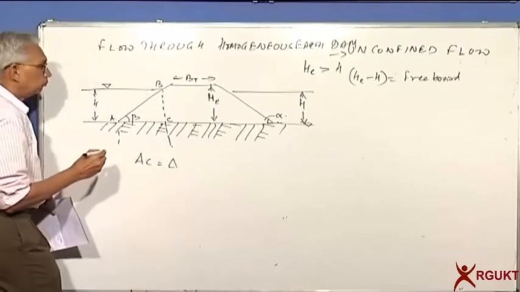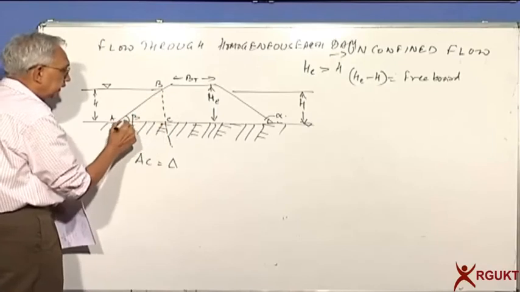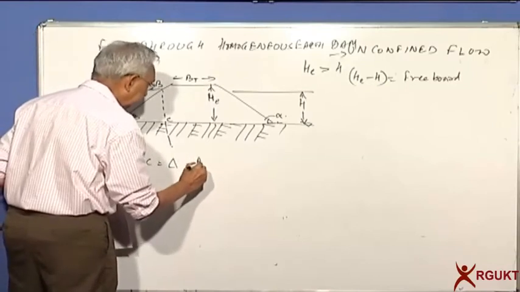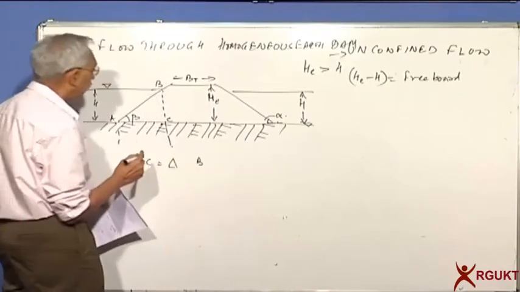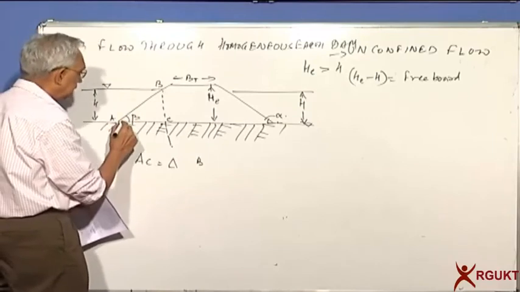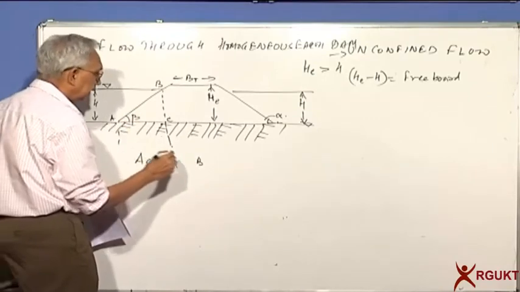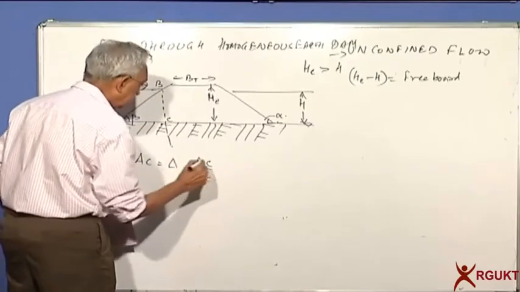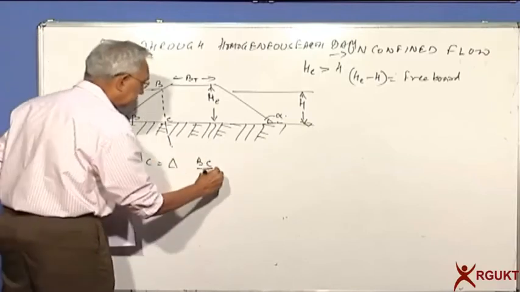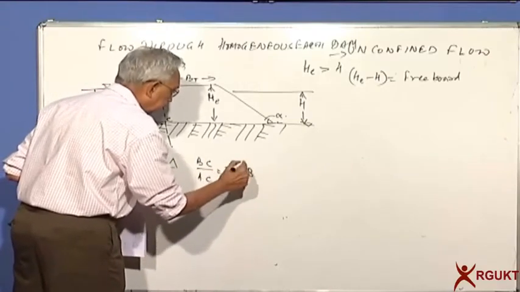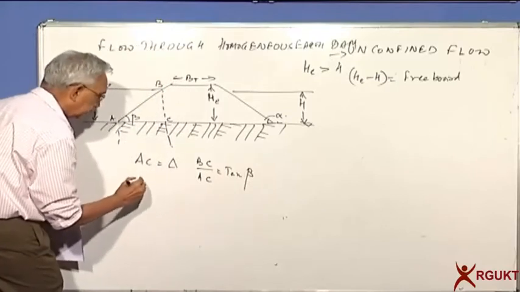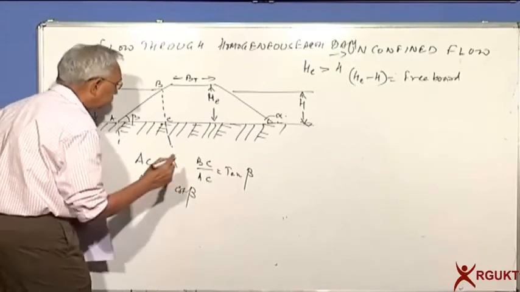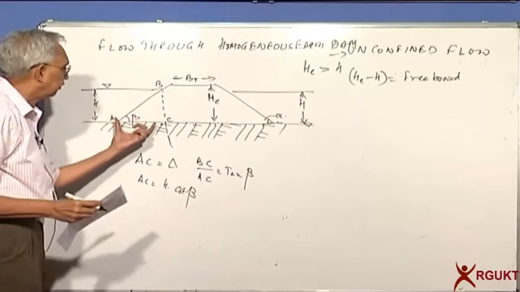That will be equal to, basically, can I say, if the height is H, H by AC is tan beta, so can I say AC is equal to H cot beta. This is the height H. I want to know this.